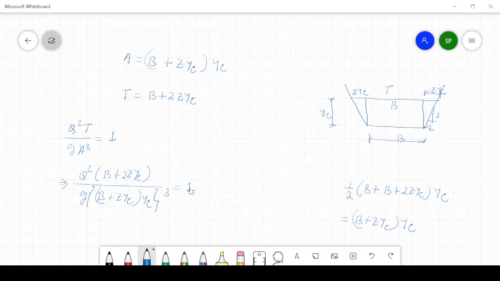And this is a non-dimensional equation for computation of critical depth. So from this expression you cannot find out critical depth directly. Okay. So further we will modify this.